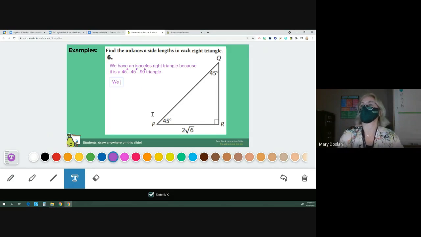We have a relationship between the leg lengths and the hypotenuse length.